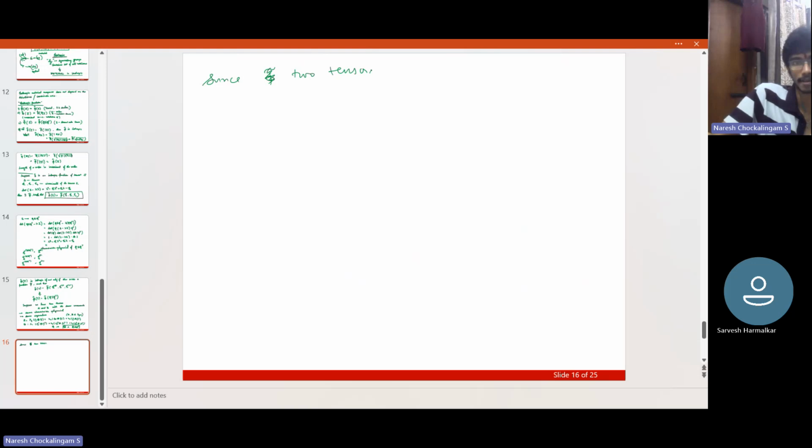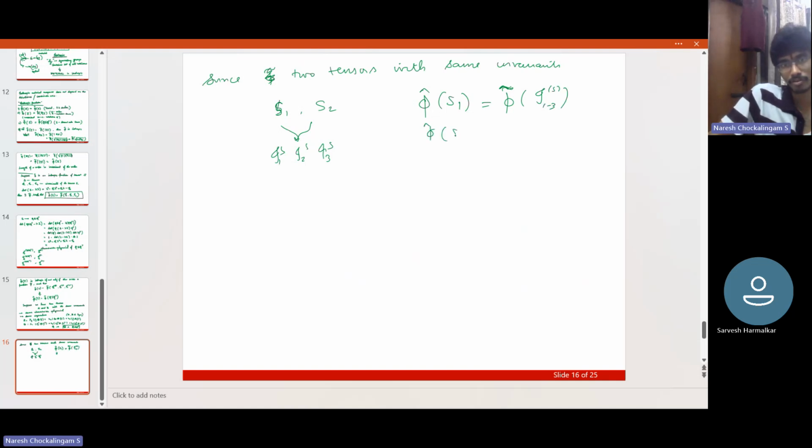Now, two tensors with the same invariants. Say, for example, let us say S1 is one tensor, S2 is another tensor, but they have the same invariants, I1 of S, I2 of S, and I3 of S. So suppose phi tilde of S1 is some function of its invariants, I1 to I3, and phi of S2 also has the same invariants.